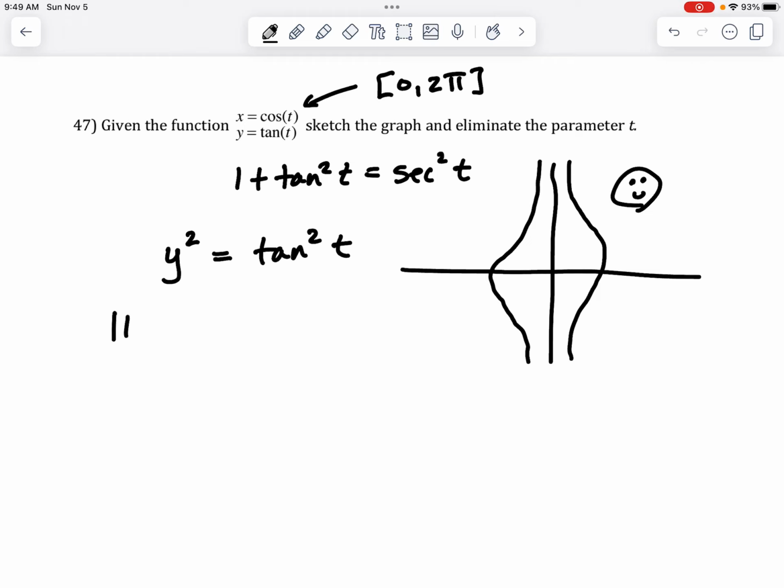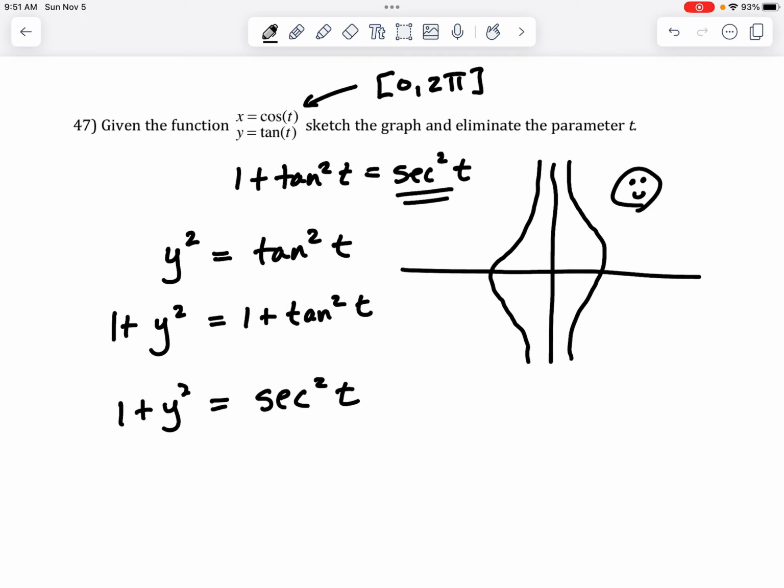And then I could add 1 to both sides. And after I do that, the right side becomes secant squared. So now I have 1 plus y squared is equal to secant squared. And then the good news with that is that secant is 1 over cosine.